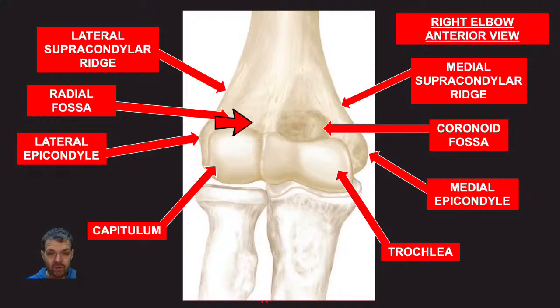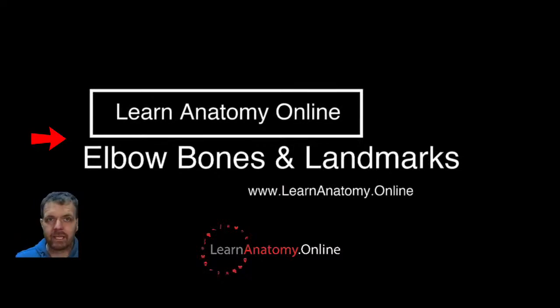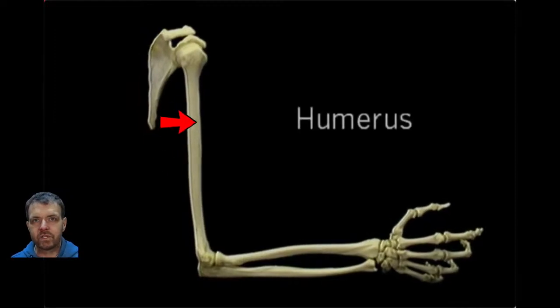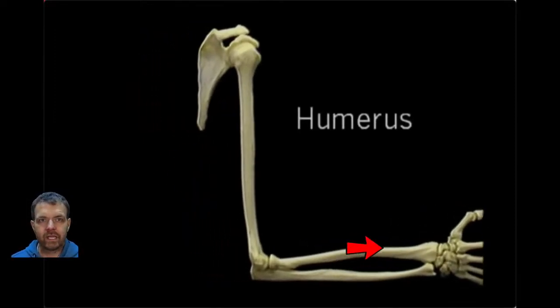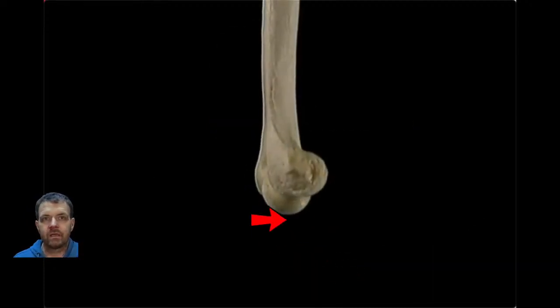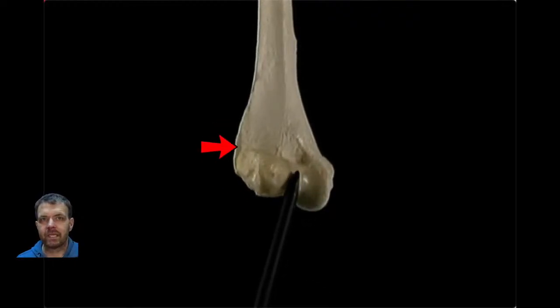Just going to show you a quick video just to finish off this session today. Hopefully this will make things make a bit more sense. There's your humerus, radius on the thumb side. Here we go. So these are the condyles and the epicondyles.